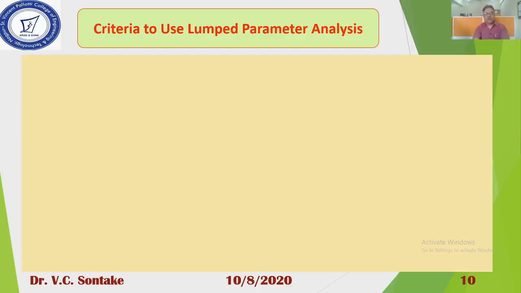But it can be questioned: there are so many assumptions involved while applying lumped parameter analysis. So one can question what is the accuracy level or confidence level of estimating the temperature by lumped parameter analysis. In order to decide the criteria to use lumped parameter analysis, we have already defined Biot number.